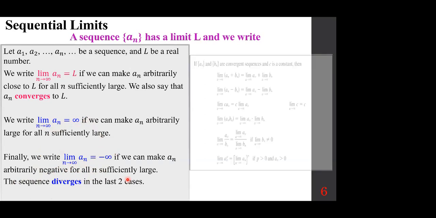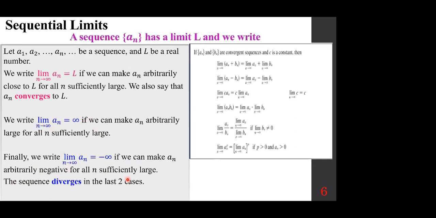We do have some limit laws. Basically, if we know that these two sequences are convergent, then when we add them up, we can separate them. When we subtract them, we can separate them. If C is some constant, we can take it outside the limit.